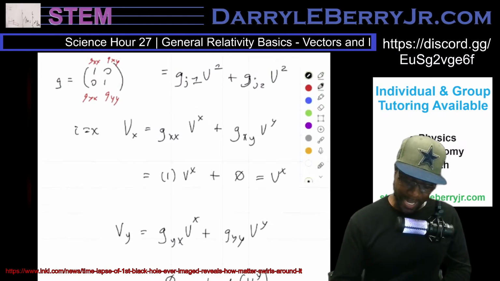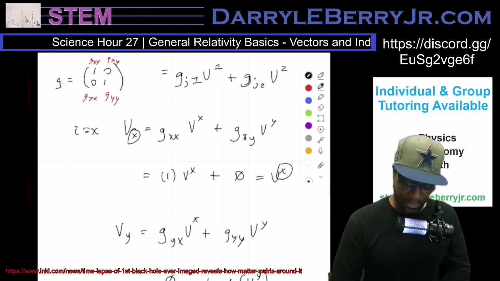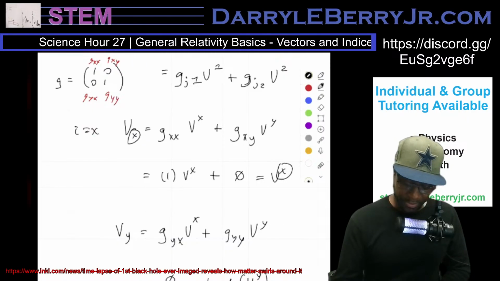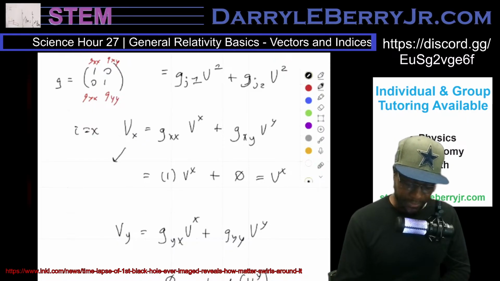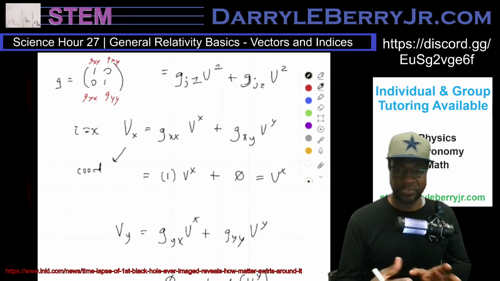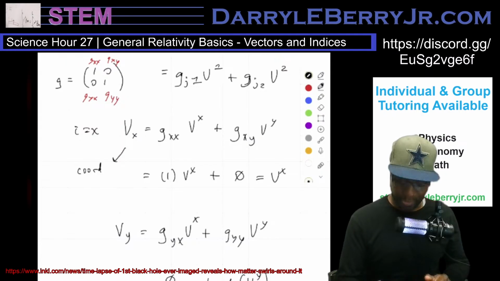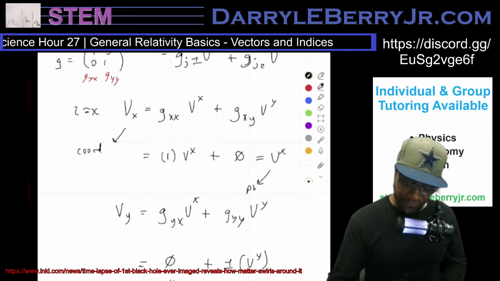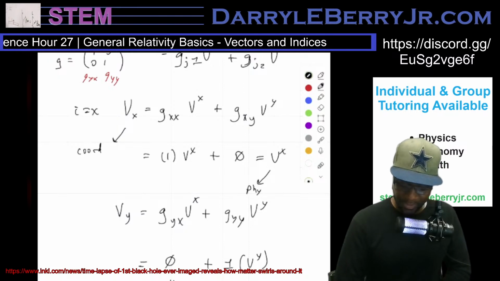You notice here that I have the indices down here and the indices up here. And what this will mean, as we'll see in a little bit, is the down indices basically refers to the coordinate system. It refers to basically the length of the coordinate system relative to the other coordinate system. And the up indices refers to the physical dimensions in space.